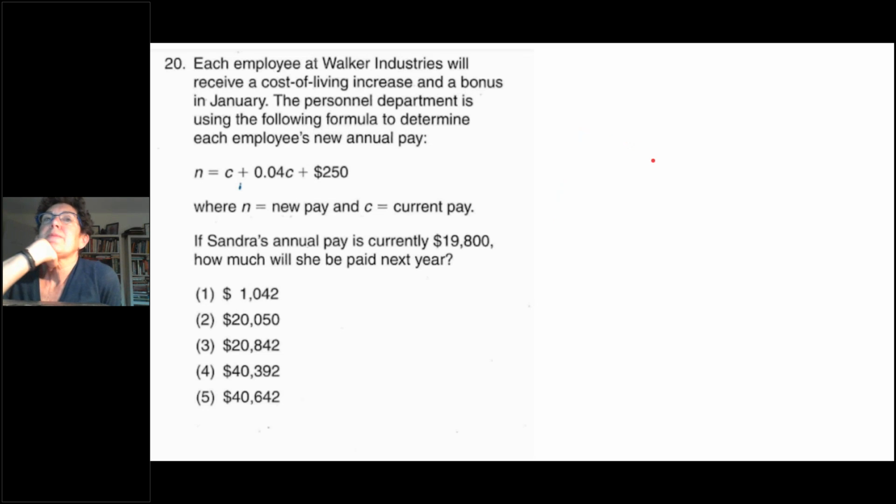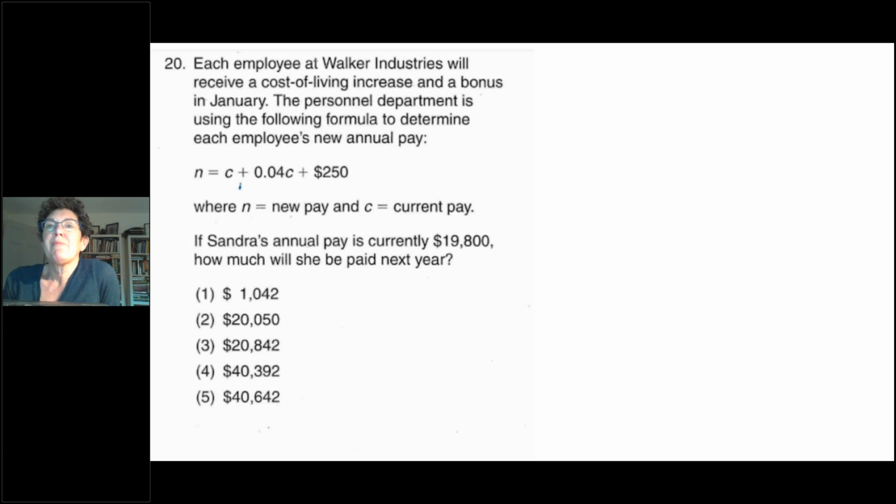Here's another problem. Each employee at Walker Industries will receive a cost of living increase and a bonus in January. The personnel department is using the following formula to determine each employee's new annual pay. Okay, so here is a situation where this is not a formula that we have studied, but it is one that the company put together.